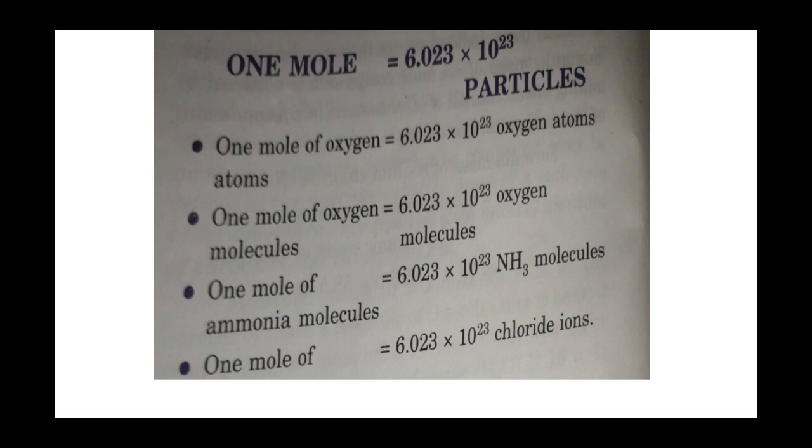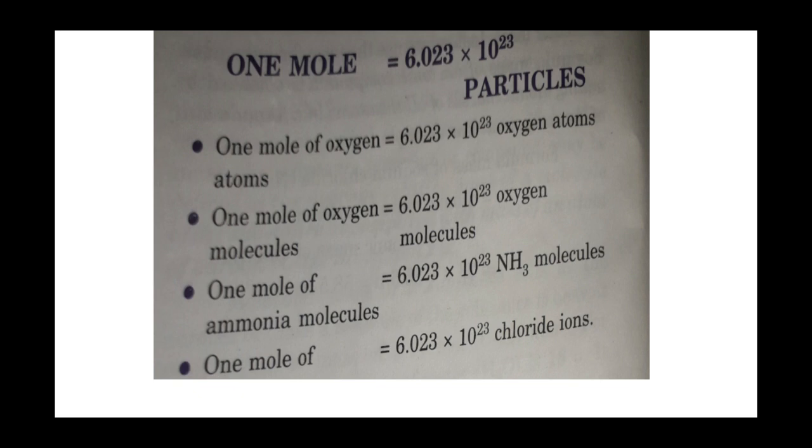For the sake of counting elementary particles, the number of atoms in 12 gram of carbon-12 isotope is taken as a standard. This number has been experimentally found to be 6.023 into 10 raised to power 23 and is called 1 mole.